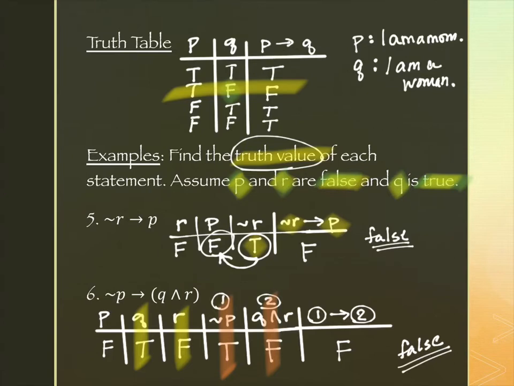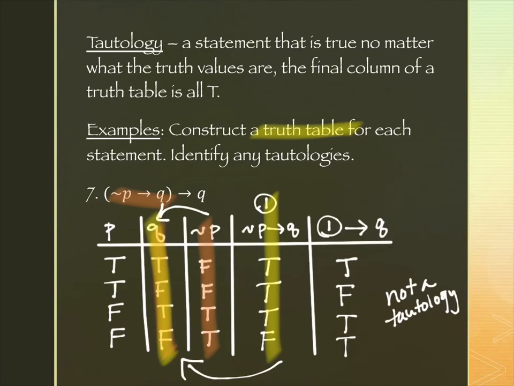P and R are false, Q is true. But if you look at the directions for this one, they don't tell you what P, Q, and R are. They just tell you to create a truth table, and you have to create all possible options. It's the directions and how they describe what they're asking for.